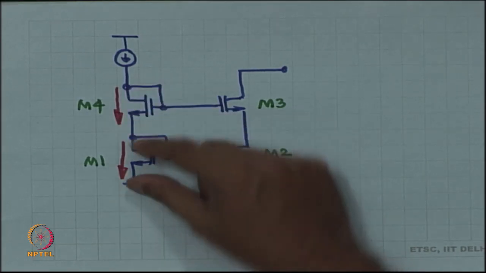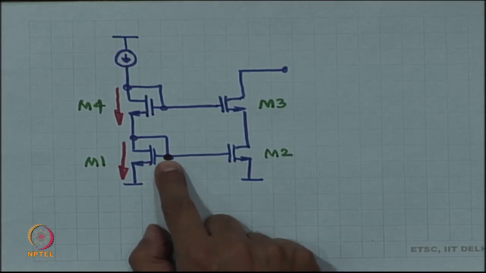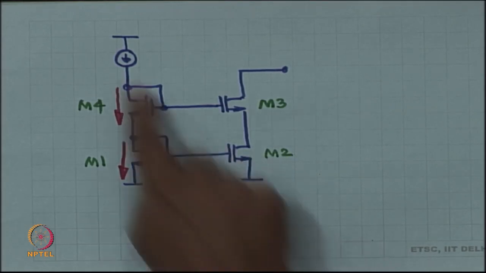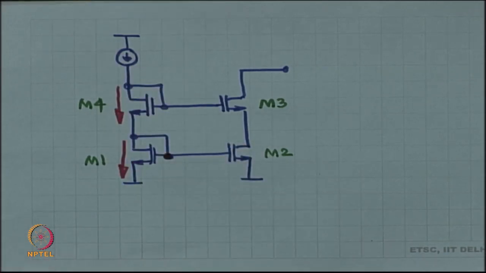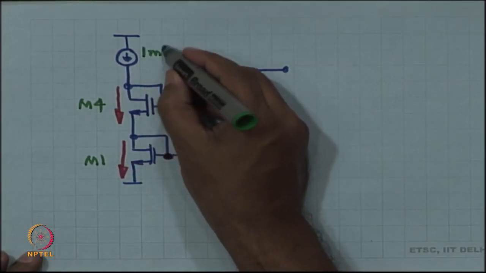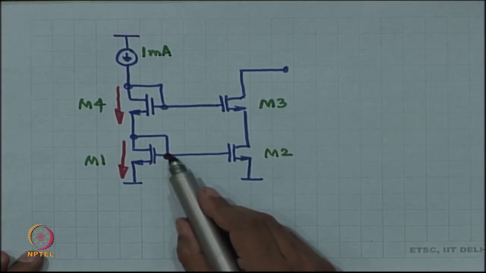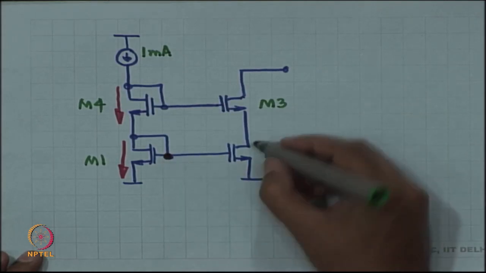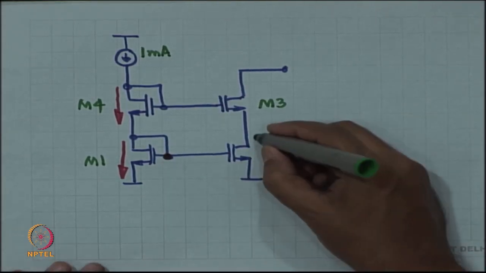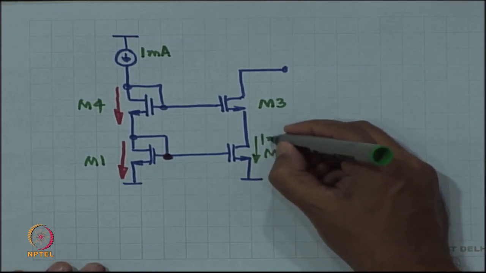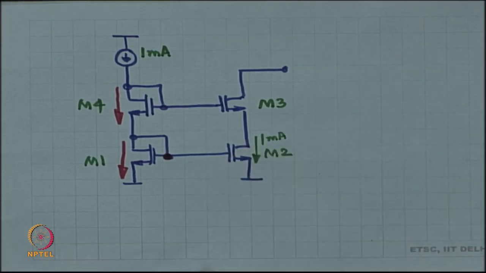So, the voltage across at the gate of M1 is just the right voltage that M2 will conduct the reference 1 milliampere. So, if this is 1 milliampere, this voltage is just correct such that the current over here is also 1 milliampere, as long as M2 remains in saturation. Okay.